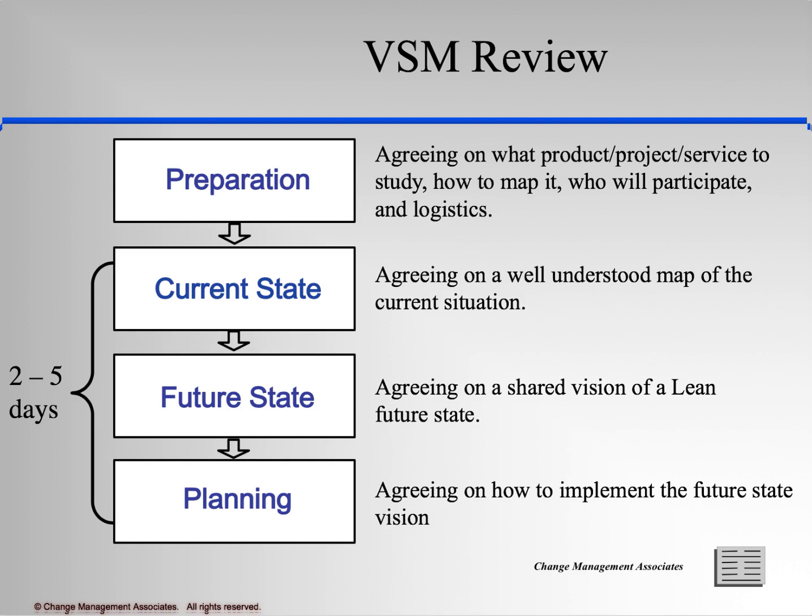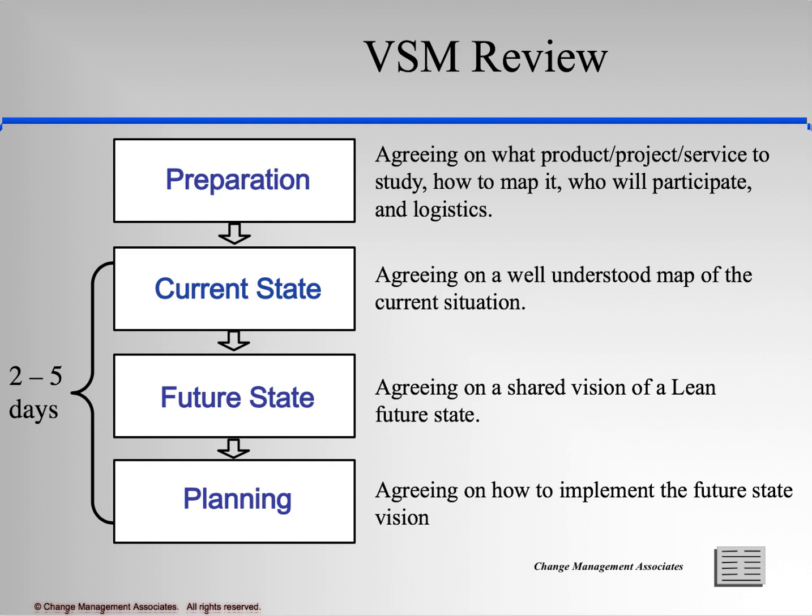The exercise itself can take place over 2 to 5 days, not necessarily consecutive days. In fact, it's recommended that they not be consecutive days. By spreading out the days over several weeks, that allows for the proper socialization at each step. For example, a current state map is created. Well, that should really be shared with others in the organization to verify its accuracy.